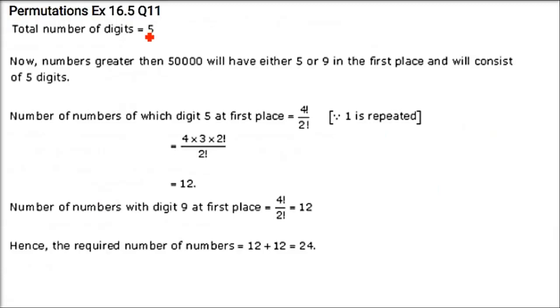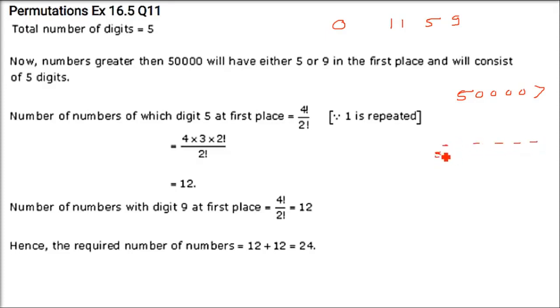How many different numbers greater than 50,000 can be formed with the digits 0, 1, 1, 5, 9? So it has to be greater than 50,000. Now if it has to be greater than 50,000, then the first position can only be either 5 or 9.